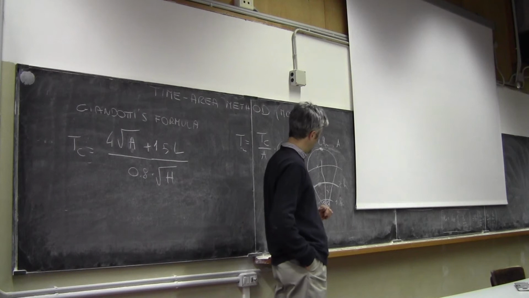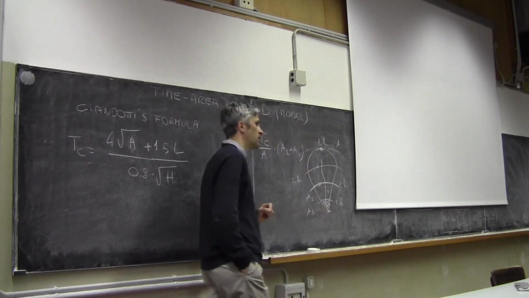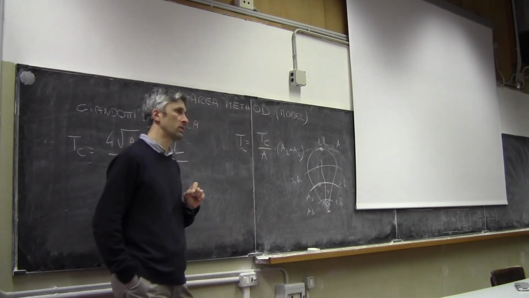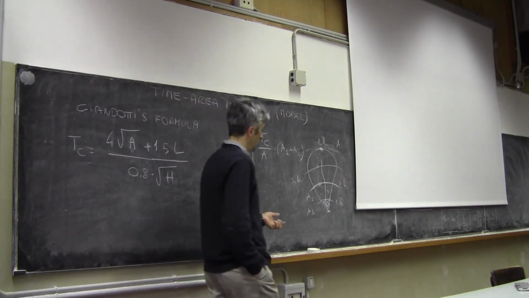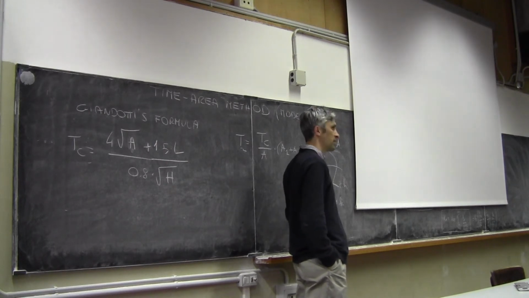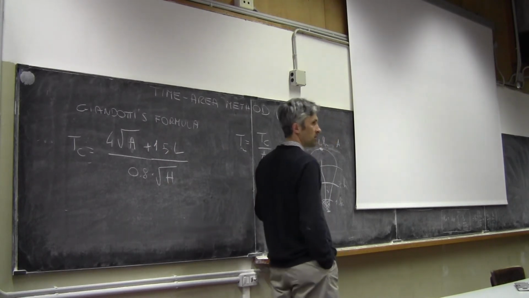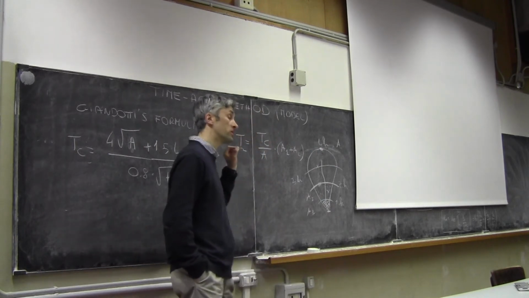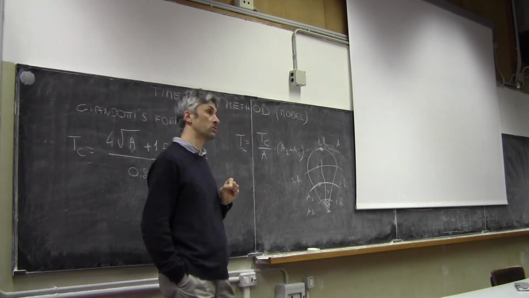Okay? And what is the reason why I said you need one more assumption, namely that points on the isolines have an equal shortest distance with respect to the outlet?